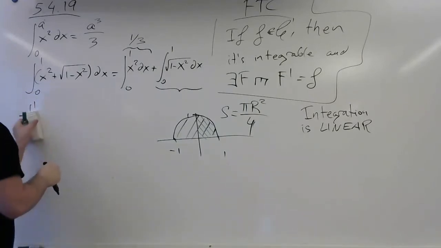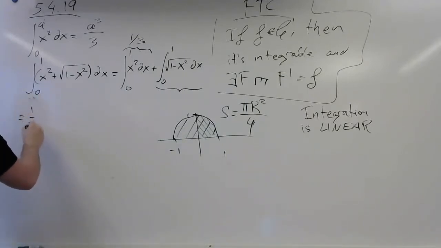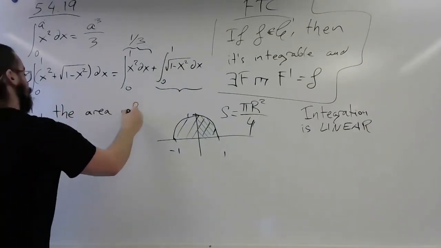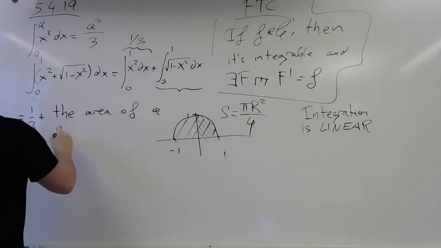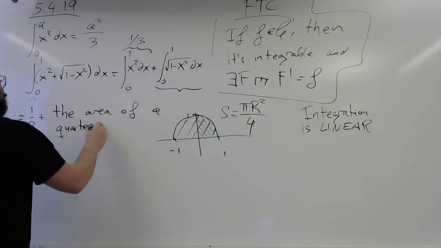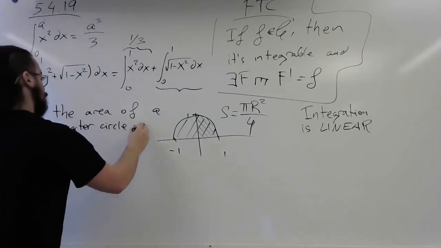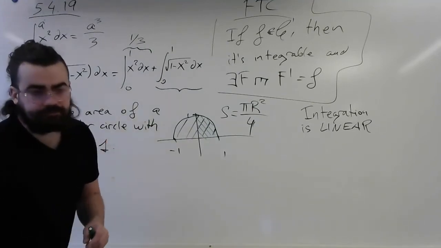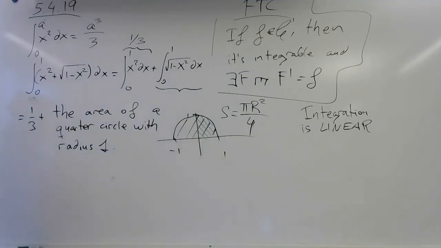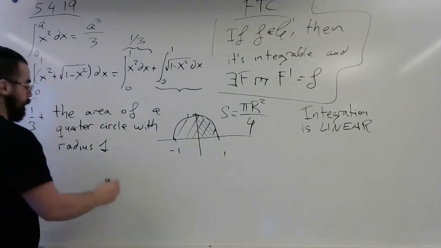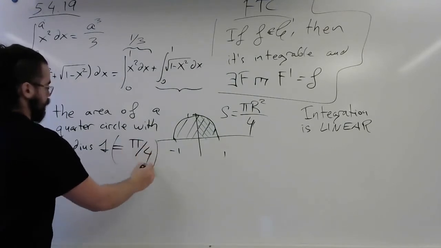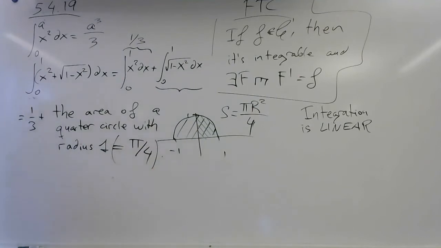It's 1/3 plus the area of a quarter circle with radius 1. What is that? Pi fourths.